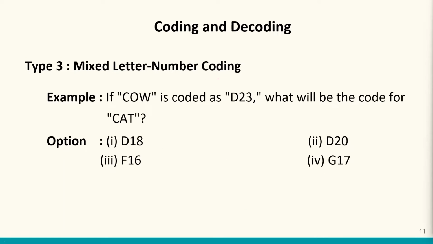Then mixed letter number coding. So this word is coded with the help of an alphabet and also a number. So let us find out. If you know ranking, just by the look of it, if cow is coded as D23, I can say that 23 is the rank for W. W has a forward rank of 23.